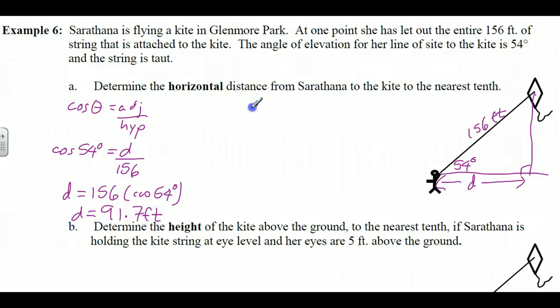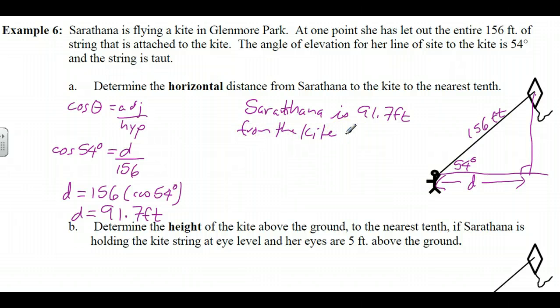So Samantha is 91.7 feet from the kite, measured horizontally.